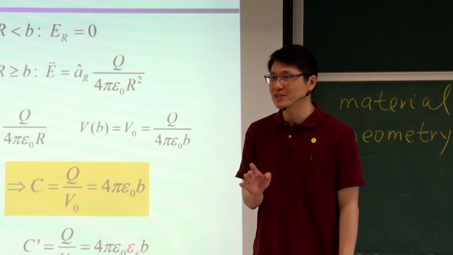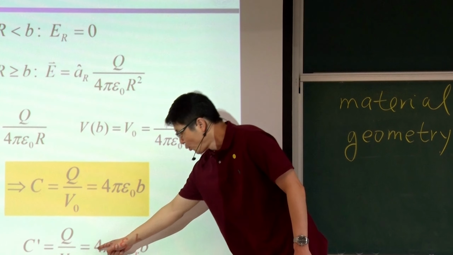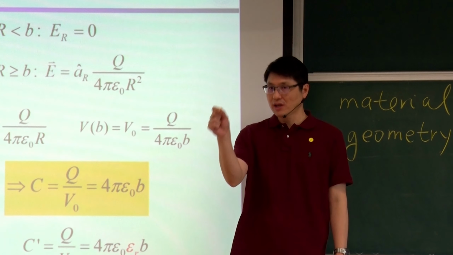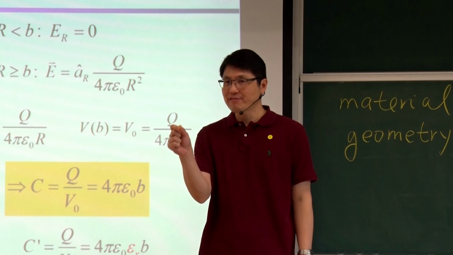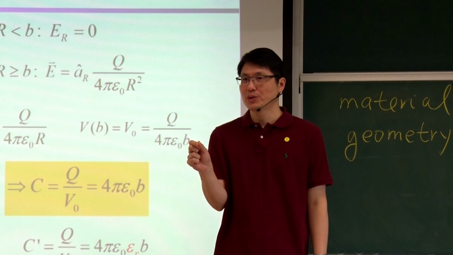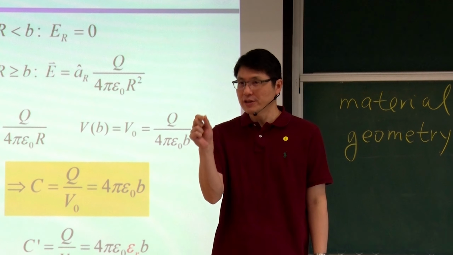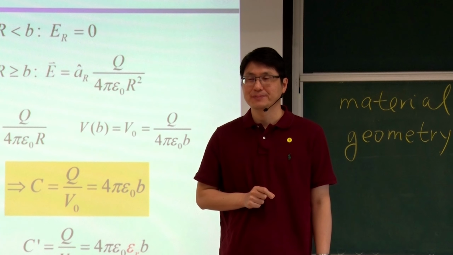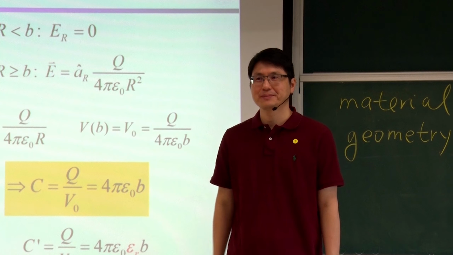To your surprise, the fact 4 pi b is actually telling you you have a capacitor in the form of a sphere. Do you know why?